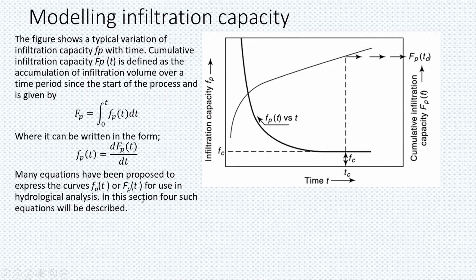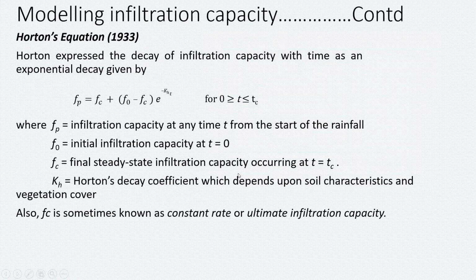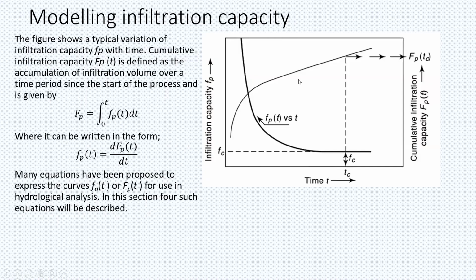And this constant value is given a special name. It is called steady state infiltration capacity. Now, until this steady state infiltration capacity FC is reached, we cannot determine an infiltration capacity for calculation because it is continuously fluctuating. So we have to get this FC value to do proper calculation.